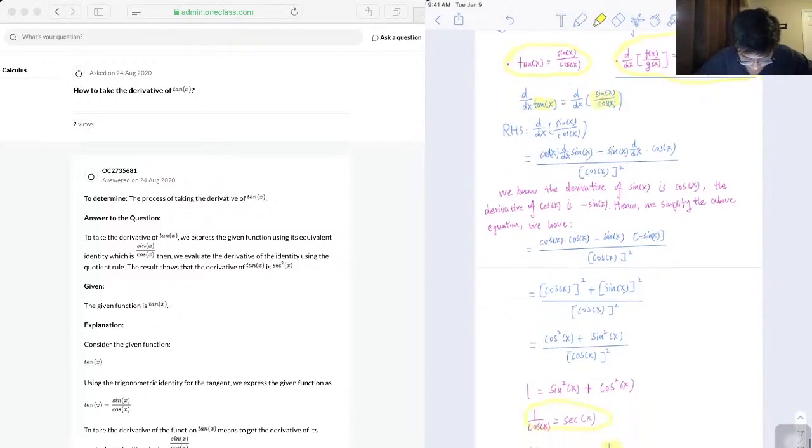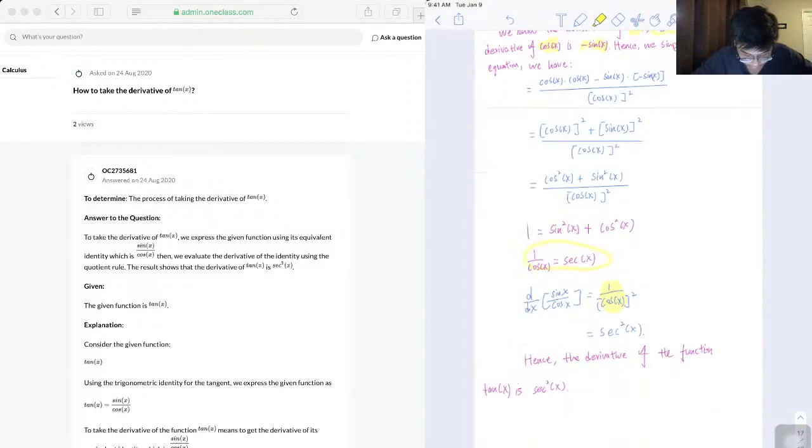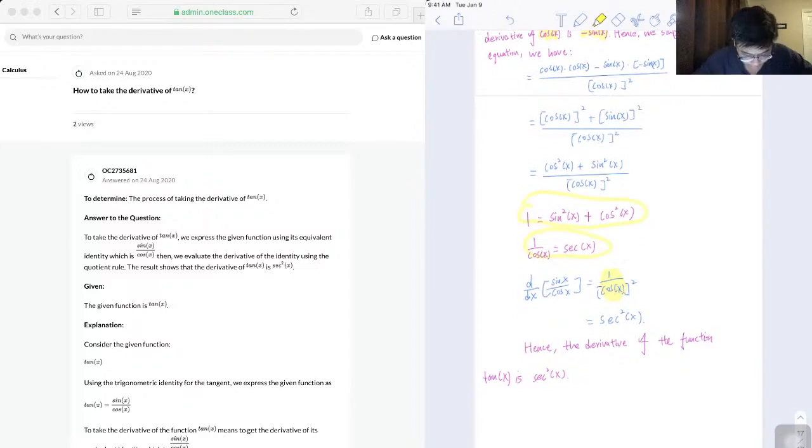Also, remember the derivative of sine is cosine x, and the derivative of cosine x is negative sine x. And for the last part, we recall the Pythagorean identity, sine x squared plus cosine x squared is equal to 1, and the identity for secant, secant x is equal to 1 over cosine x. So that's what we go for this question.